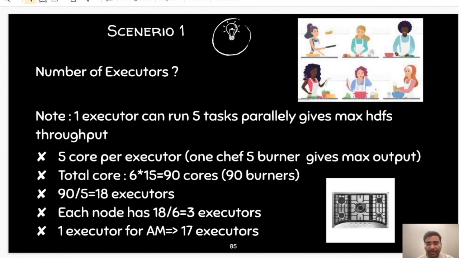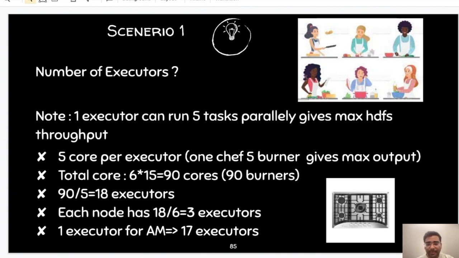You have 16 burners, only 5 are used by one chef, so how many chefs can use the other burners of the same stove? 16 divided by 5, at least 3 executors, 3 chefs can work on one stove.